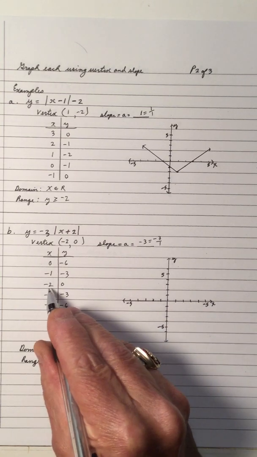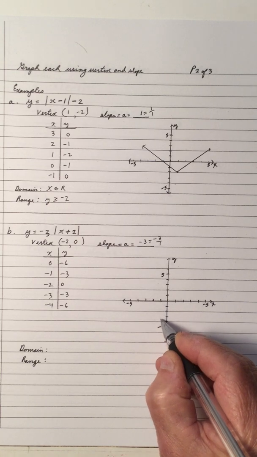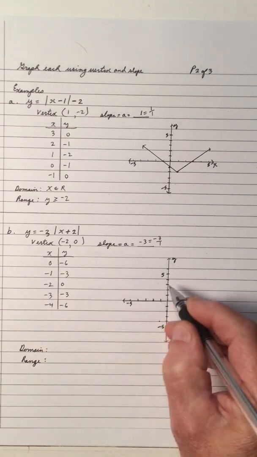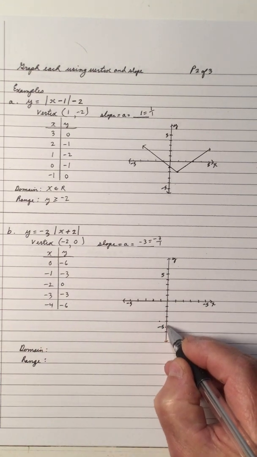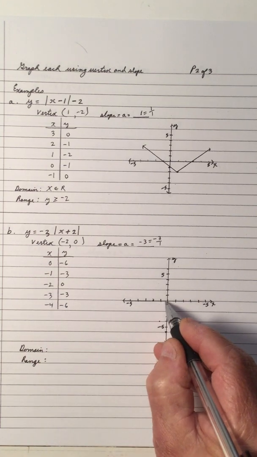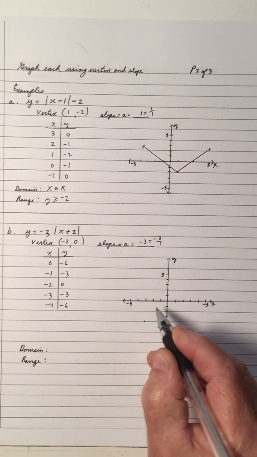And we put the vertex in. Now we've got negative 2, 0. We put negative 1, negative 3 right here. 0 gives me negative 6. X is 0, y is negative 6. Negative 3 gives me a negative 3. X is negative 3, y is negative 3.